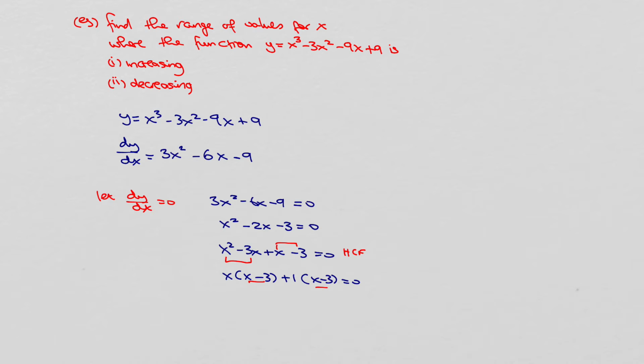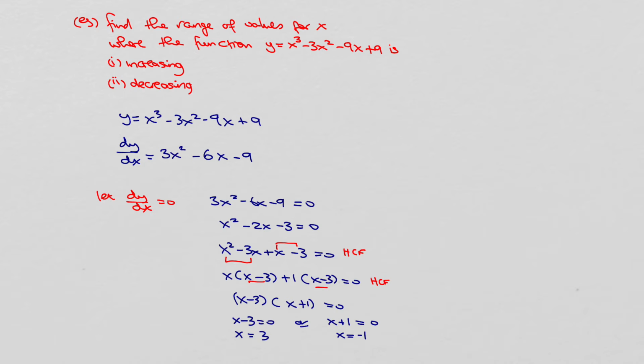These two brackets are the same, so I take out the highest common factor, x minus 3, which leaves me with x plus 1 equals 0. Letting my two factors equal 0 gives x equals 3, and x plus 1 equals 0 gives x equals minus 1. This is not my answer, this is just where the graph cuts the x-axis.